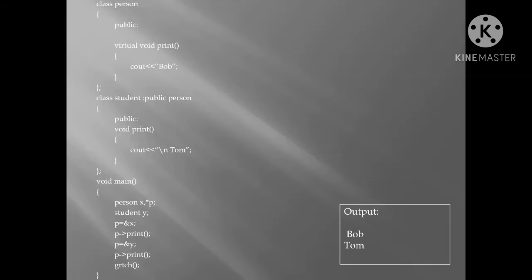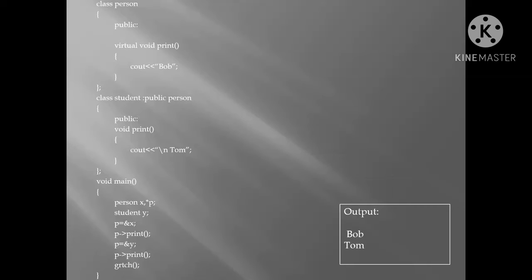Runtime polymorphism is achieved only through a pointer of a base class type. Also, a base class pointer can point to the objects of base class as well as to the object of derived class. In our program, base class pointer P contains the address of object Y of derived class, as you can see on screen.